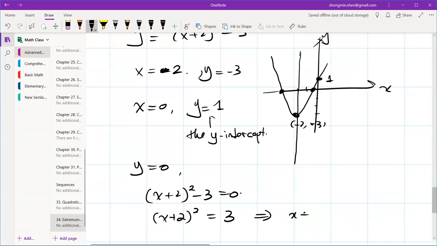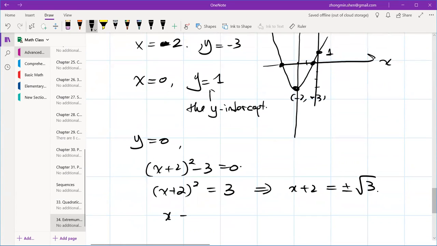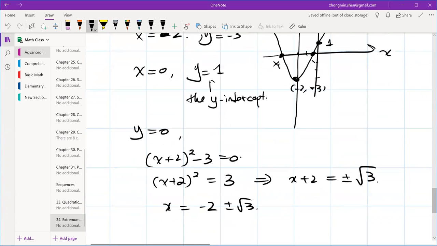Then I get x plus 2 equals plus minus square root of 3. Okay. So I get two solutions. x equals -2 plus minus square root of 3. So both are negative, even if I choose a plus sign. So you get two solutions. This is x1, that's x2, and this is -2.